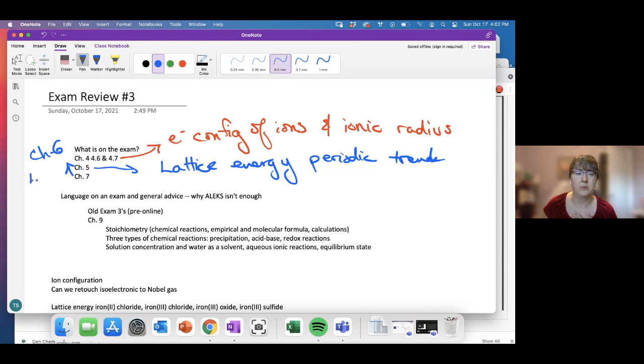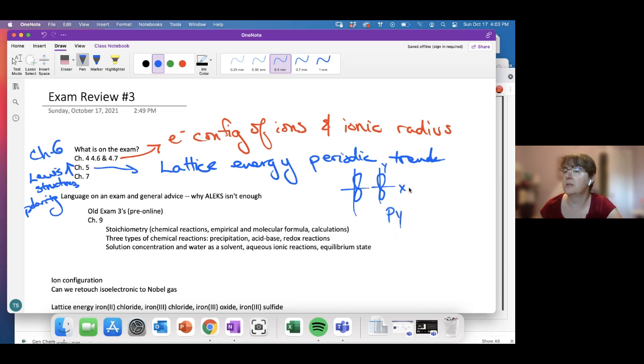So we still need to be able to draw Lewis structures. We still need those. We still need polarity of those bonds. We still need all of that stuff. And there's one other thing that happens towards the very, very end of Chapter 7, where we actually need stuff we haven't talked about in a long time, which is this notion that if I have orbitals, and we're going to say that these are centered on the y-axis, with that being y and this being x, that these are both py orbitals.